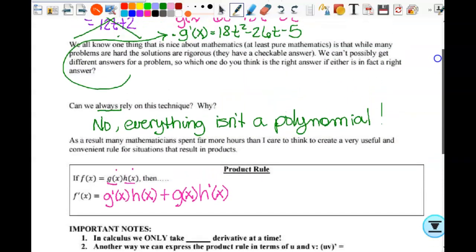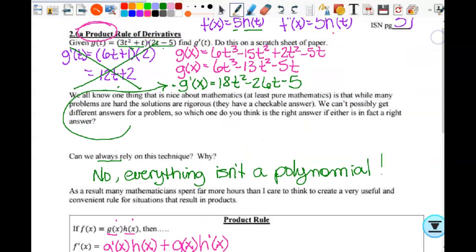So let's go back up here and basically do that with this right here. So g prime of x. Here are two things: this is 1, this is 2. So the derivative of the first, which is 6t plus 1, times the second, which is 2t minus 5.